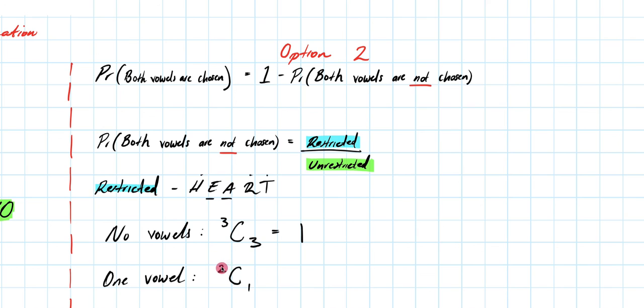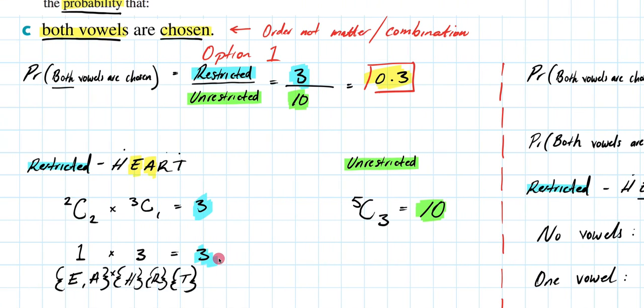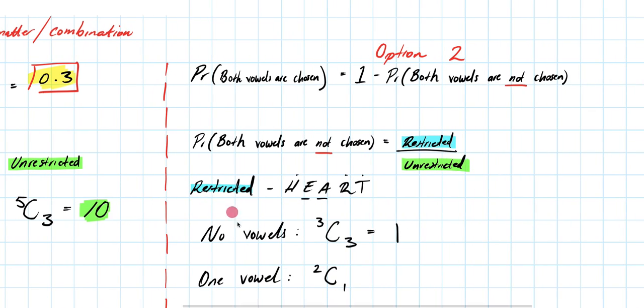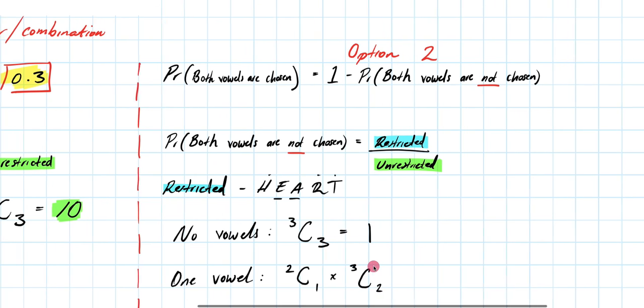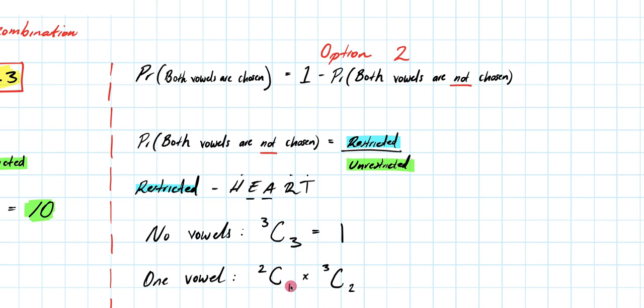So previously it was 2, 2, because I had 2 vowels and they're filling 2 positions. But if it's 1 vowel, it's going to be 2 vowels filling 1 position. And that means I have 3 consonants I can choose from, and they're going to fill 2 positions. So I've created my 3-letter word. 1 plus 2 is 3. And hopefully that makes sense how this is 1 vowel.